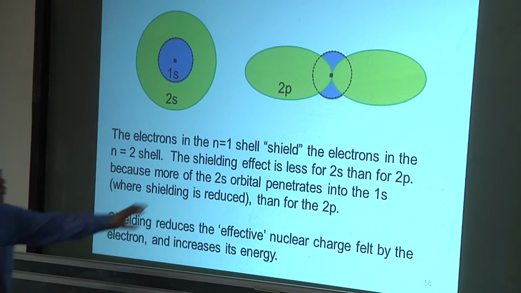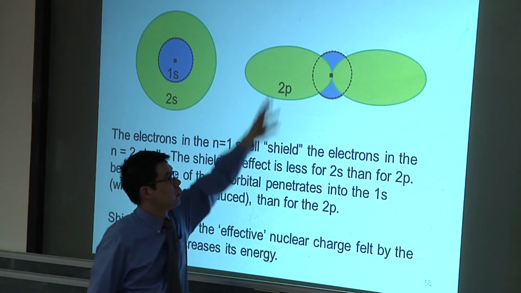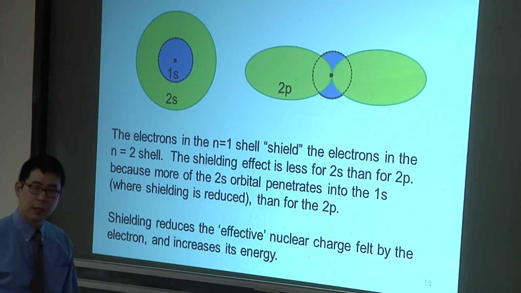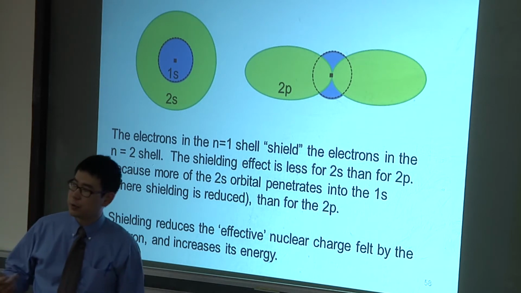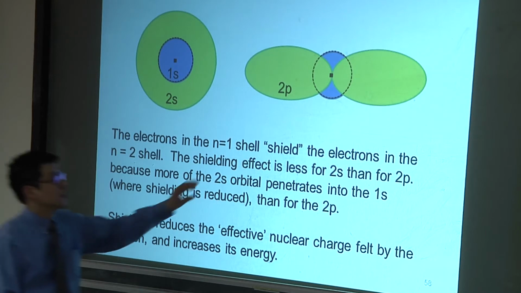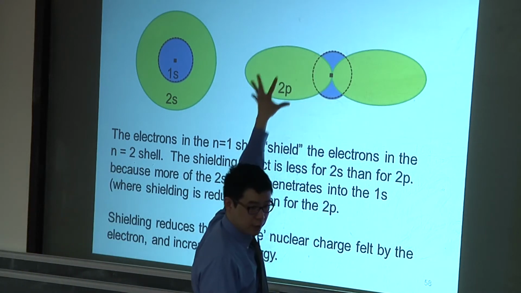So 2p electrons, therefore, are going to be somewhat higher in energy than 2s electrons. And the same for d versus p, right? N equals 2 doesn't have d's, but once you get into n equals 3, remember, what do your d orbitals look like? They don't just have 2 lobes, they generally have 4 lobes, right? So you even have less in the middle and more on the outside.